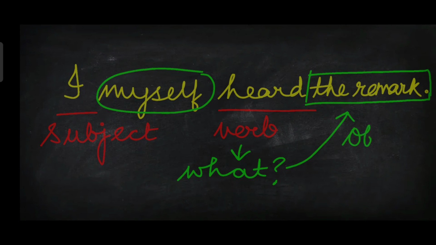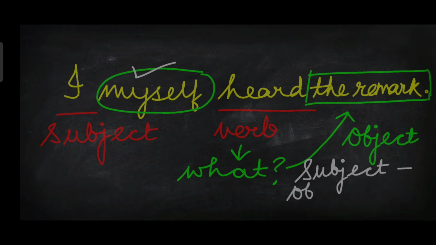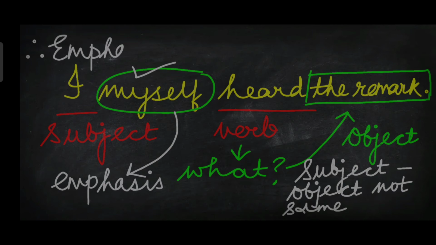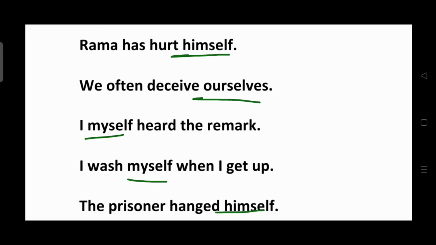Heard the remark. So object is the remark, and subject and object are not same in this case. The pronoun myself is used for emphasis, to lay stress on, emphasis only. So this is an emphatic pronoun for emphasis.